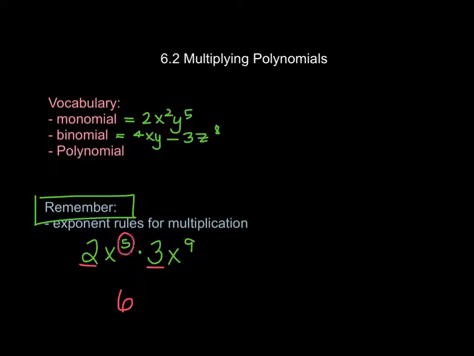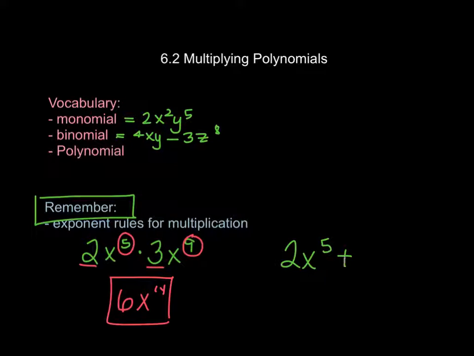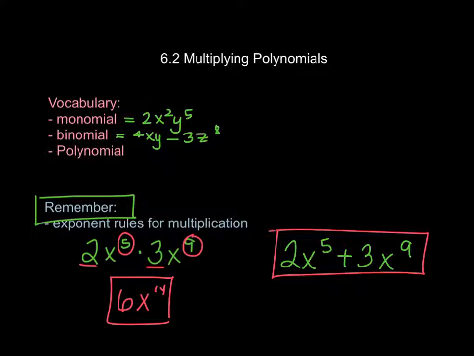And then we're just counting up how many x's that means we have. Remember, x to the fifth would be 5 x's, x to the ninth is 9, so altogether that's going to give me x to the 14th. Now compare that if they had asked us to do 2x to the fifth plus 3x to the ninth, then I couldn't do anything. That in itself is already simplified.